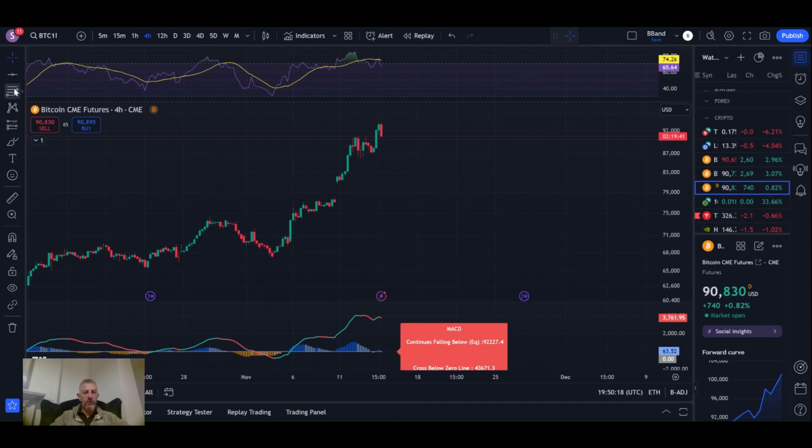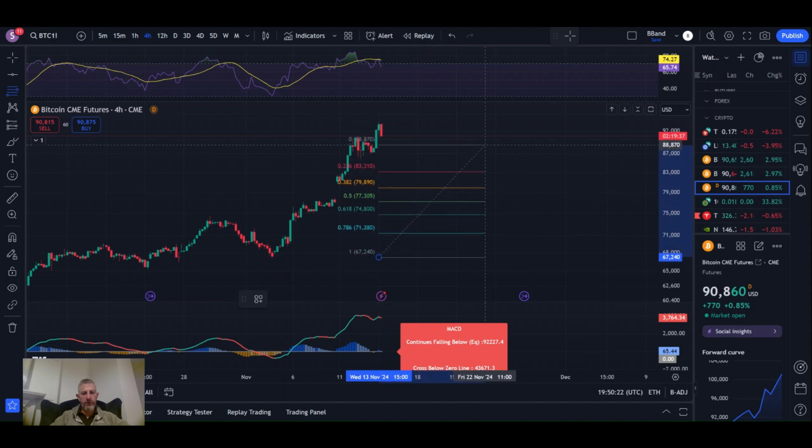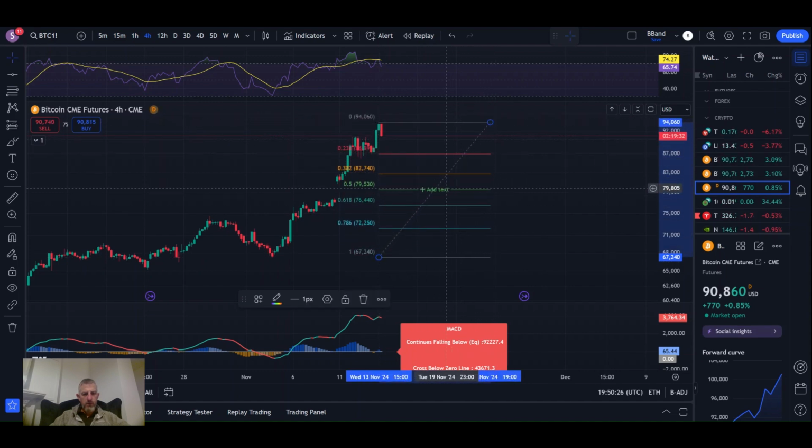But if Bitcoin was to start to play out the 4-hour bearish divergence on CME, where does that work out? Well, yeah, it works out pretty well in the sort of golden pocket for a pullback.